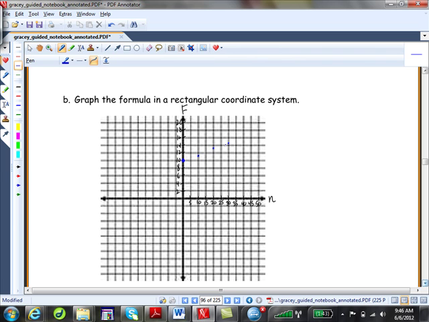And then we have 40, 16. All right, so here's our formula, assuming it behaves in the same way forever.